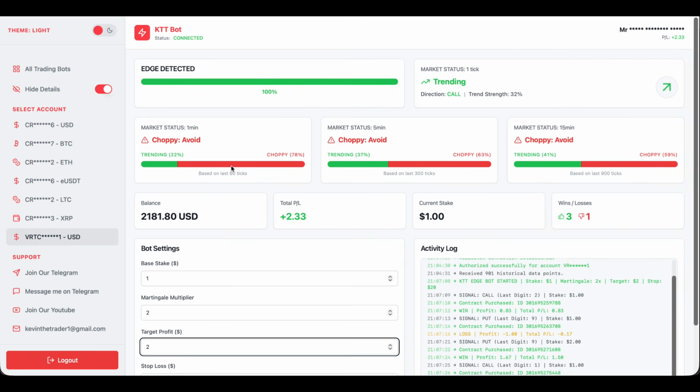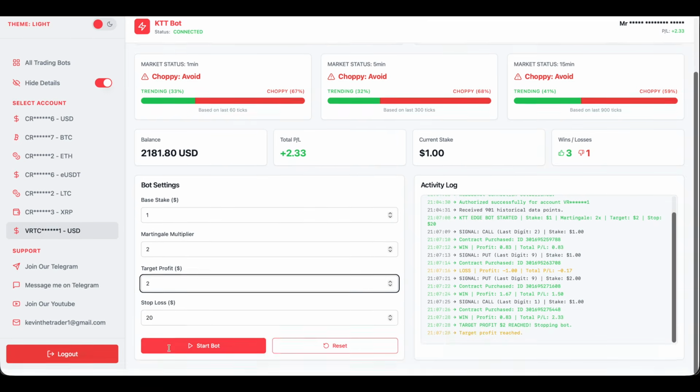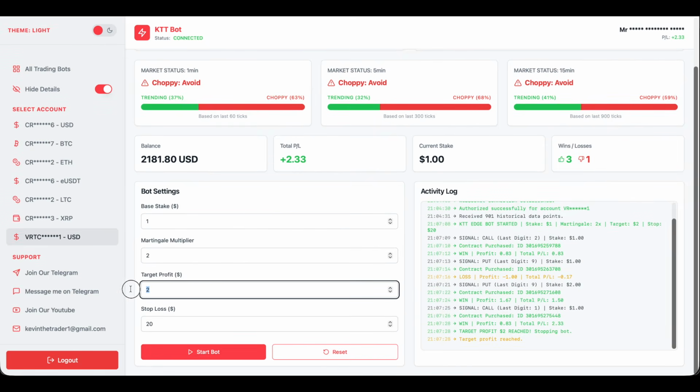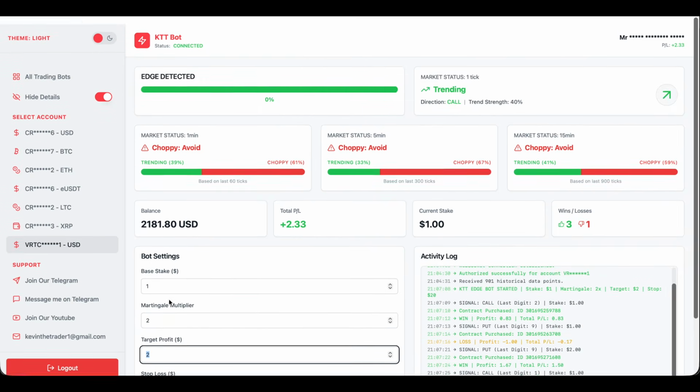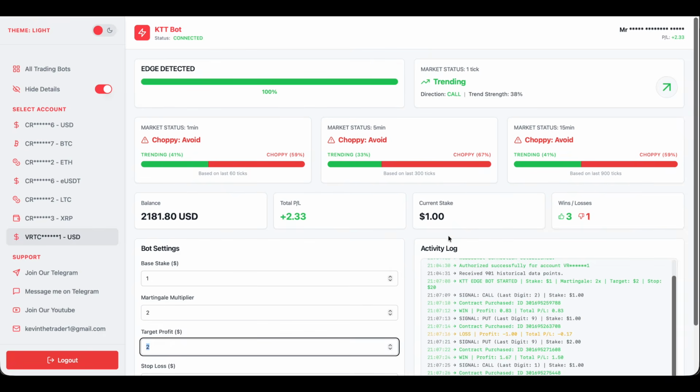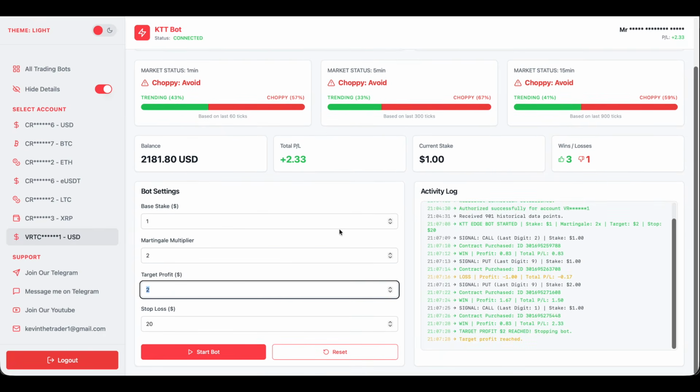So with this bot, we only trade when the market is trending. That does not mean that the market will stay at that higher percentage every single time. Instead of targeting 50 here, we are only targeting 2, because the market can go against us and we can lose all the money that we have.